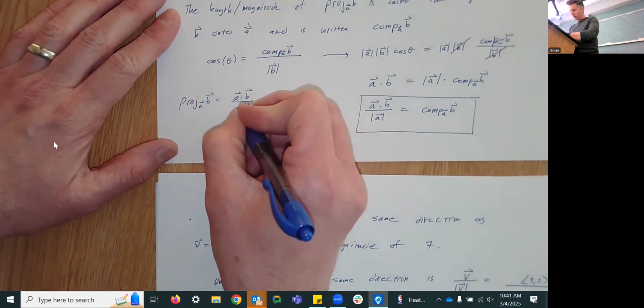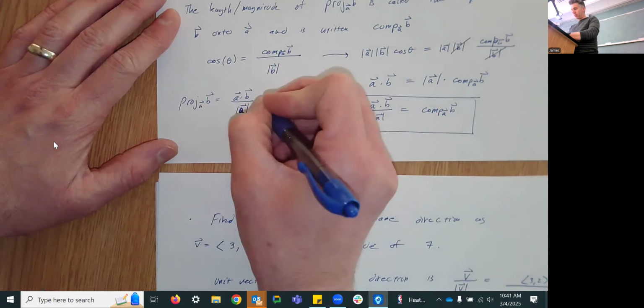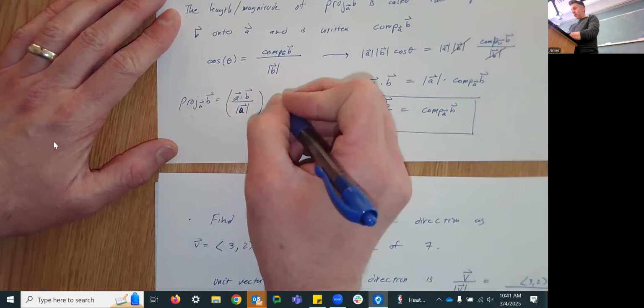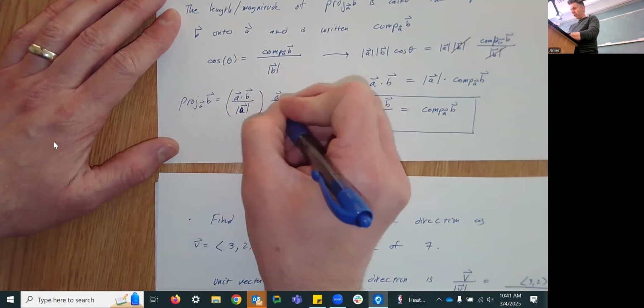I said the wrong thing or wrote the wrong thing. Multiplied by the vector A divided by its own magnitude. This is our length, our magnitude. This is our direction.